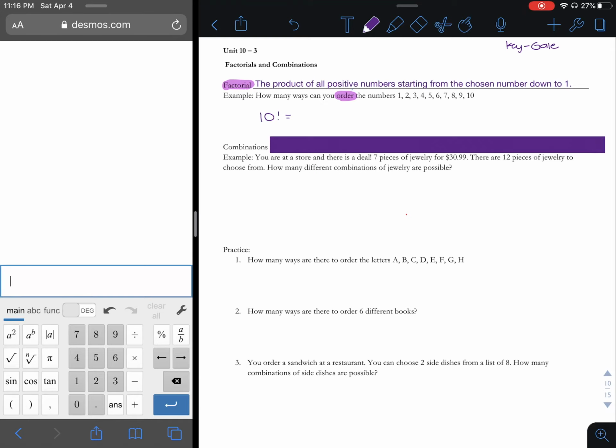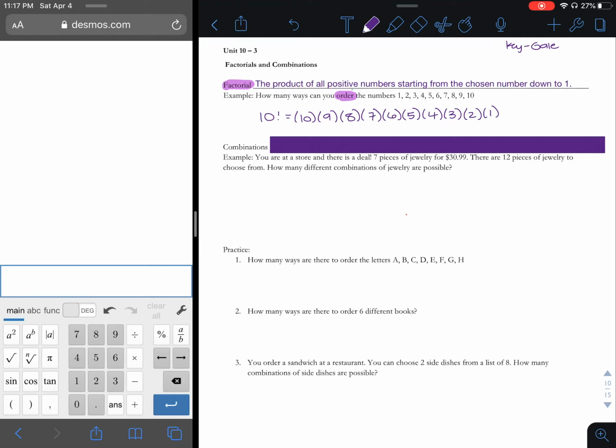So this is really 10 times 9 times 8 times 7 times 6 times 5 times 4 times 3 times 2 times 1. A factorial is the product of the number that I chose. In this case, my number is 10 because here I have 10 options. So I'm multiplying 10 all the way down to 1.